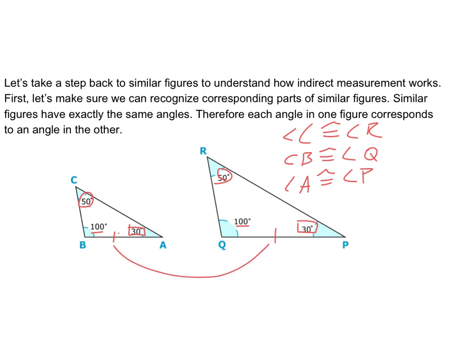Same thing if we took the line between 50 and 100 in one triangle, it would correspond to the same line between 50 and 100 in the other. So CB and RQ would be corresponding. And same thing with the last one between 50 and 30. It would correspond to the side between 50 and 30 in the other triangle as well. So those should have a scale factor to get from one to the other.